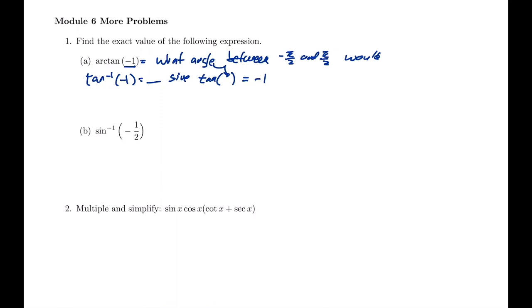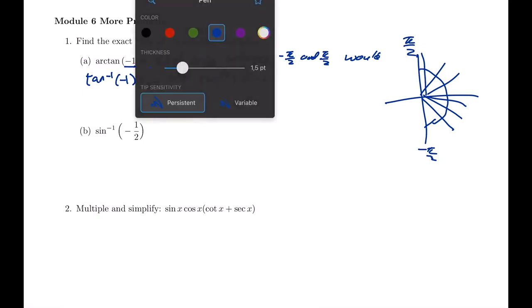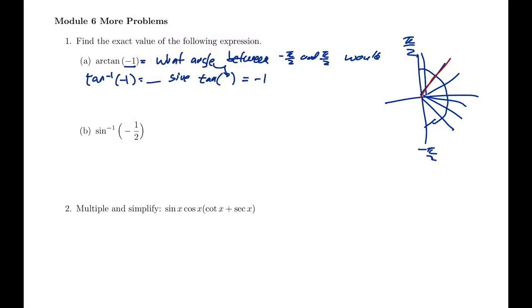From the unit circle, we only look at the right half of the unit circle. These are considered negative angles, and these are positive angles up to positive pi over 2. Tangent is sine over cosine, and the slope is 1 at this angle right here, pi over 4, because both sine and cosine are the same value.